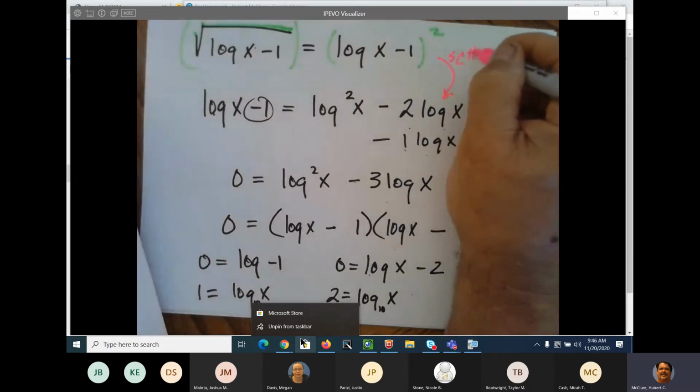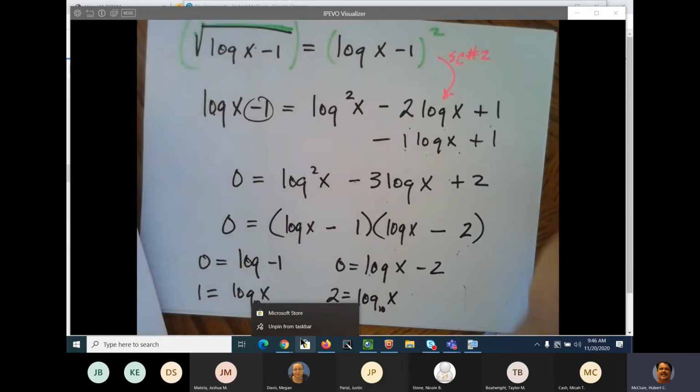Shortcut number 2. Y'all remember at the beginning of the semester, I told y'all that if you didn't learn shortcuts number 1 through 3 or 1 through 5, you were going to be sucking wind all semester. Well, that's true. And you're going to be sucking wind to your last math course, whatever that may be, if you don't learn those shortcuts.